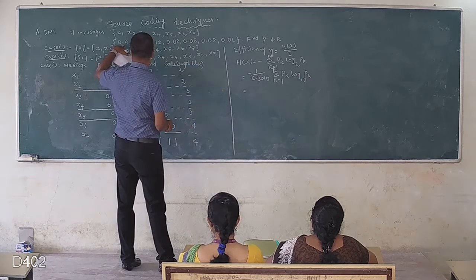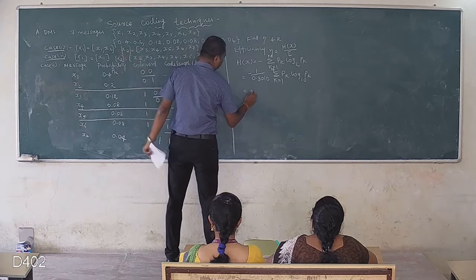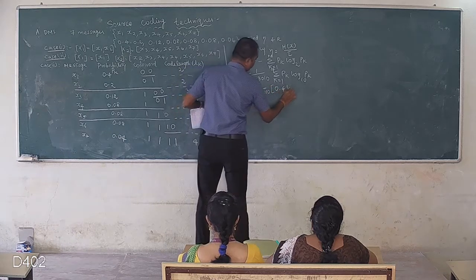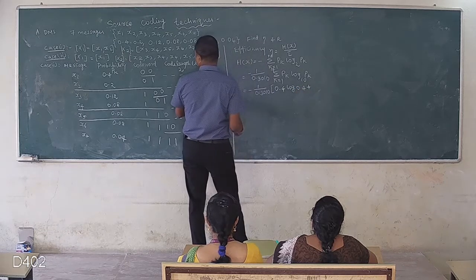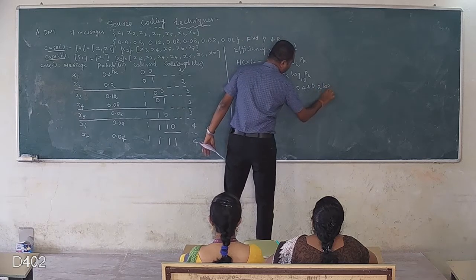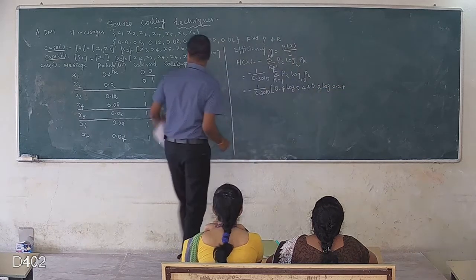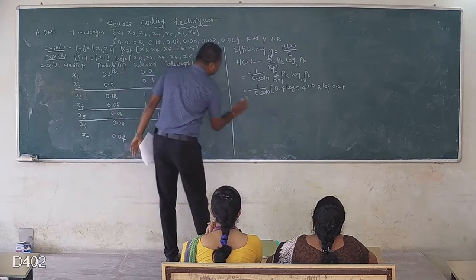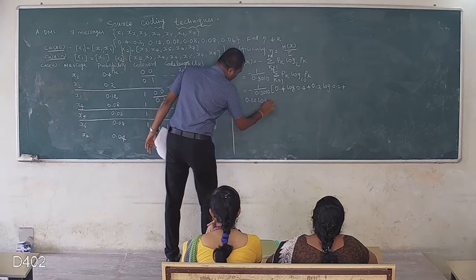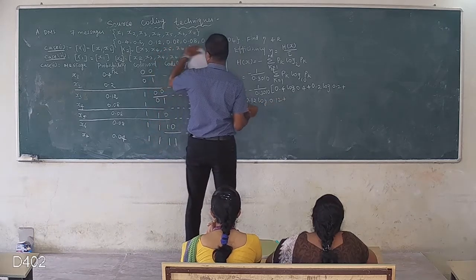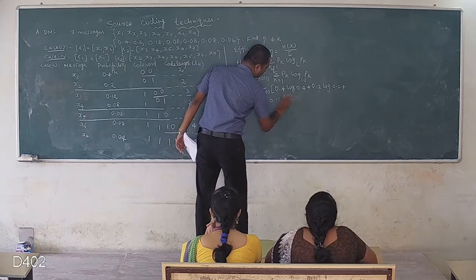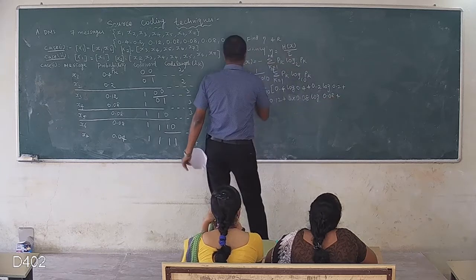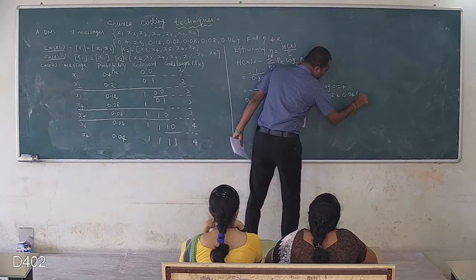So we know the probability of occurrence, so pk log pk is 0.4 log 0.4 plus 0.2 log 0.2 plus 3 times 0.08 log 0.08... plus 0.12 log 0.12 plus 0.08 log 0.08 plus 0.04 log 0.04.